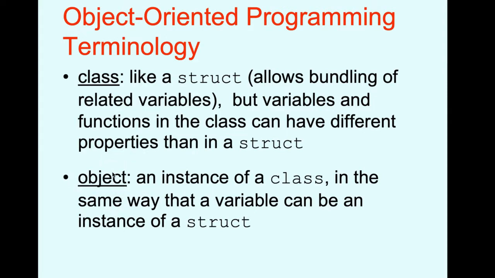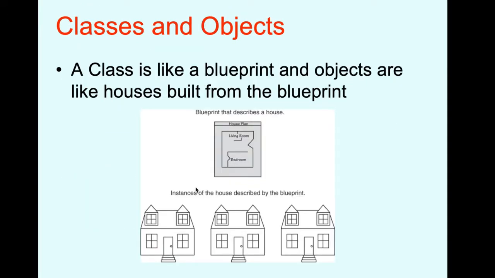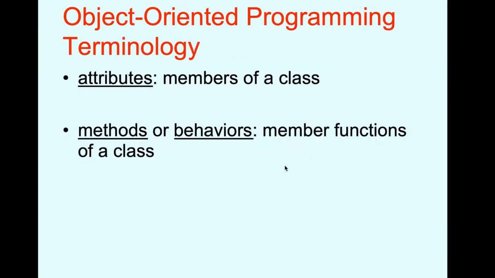Those variables are called instances, or objects, of that class. It's like a blueprint. Suppose we have a blueprint, like a map or plan of some house. This will be the class. And when we really build houses from this blueprint, the real houses will be called objects, and the blueprint is called the class.